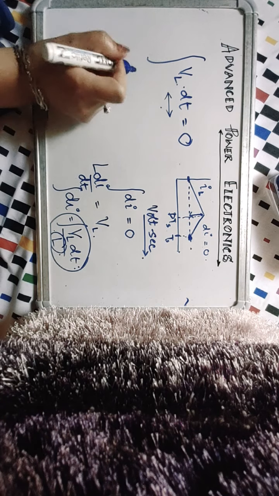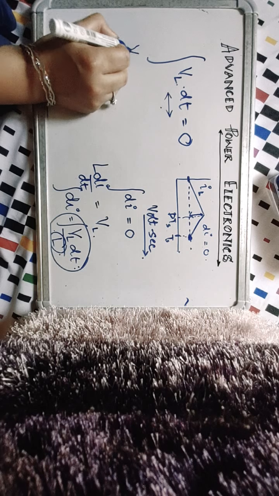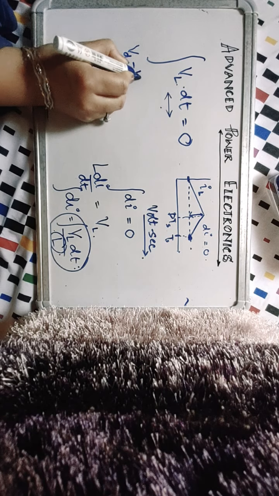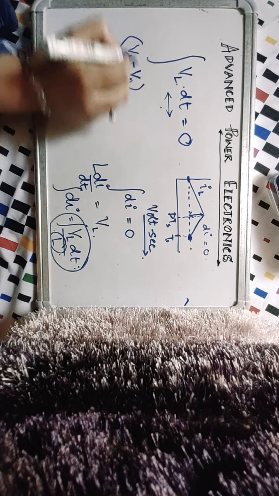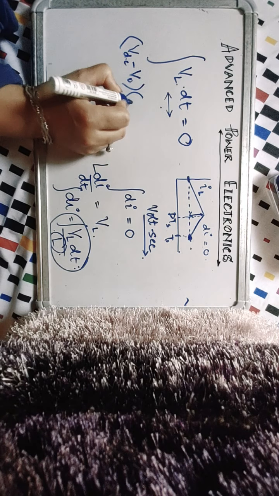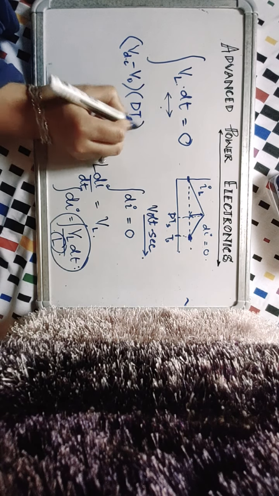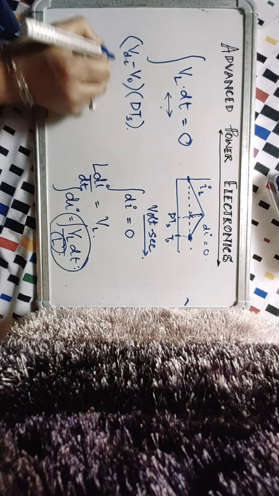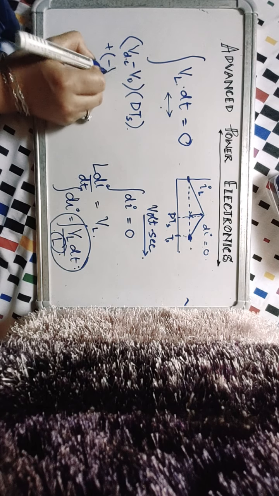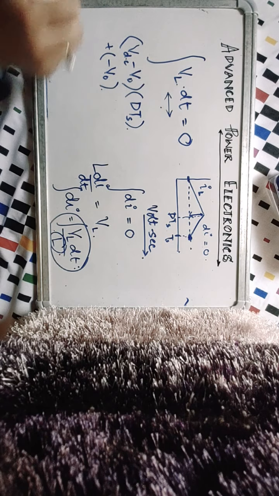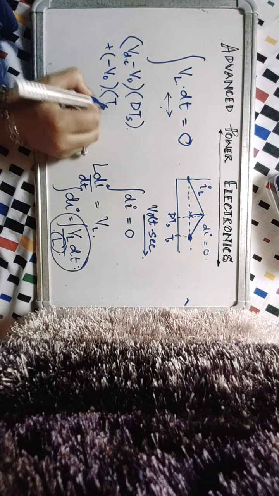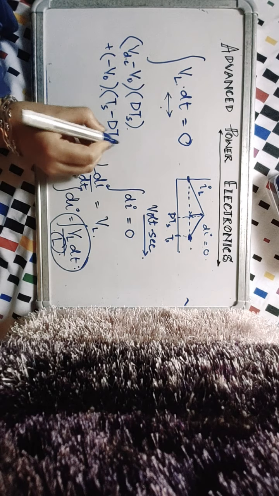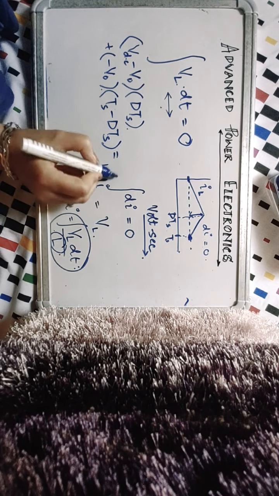Now from 0 to DTS, the voltage across the inductor was VDC minus V0, and the time interval was DTS minus 0, so you can call it DTS. And then later on in the second interval, it was minus V0, and the time interval was TS minus DTS, and the sum is equal to 0.